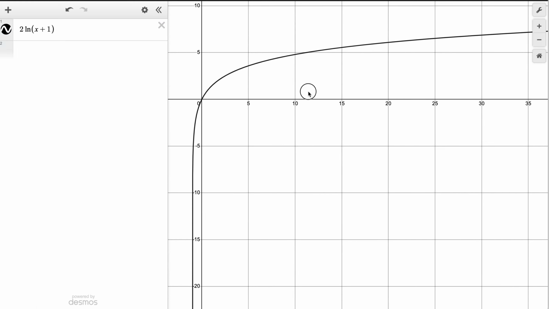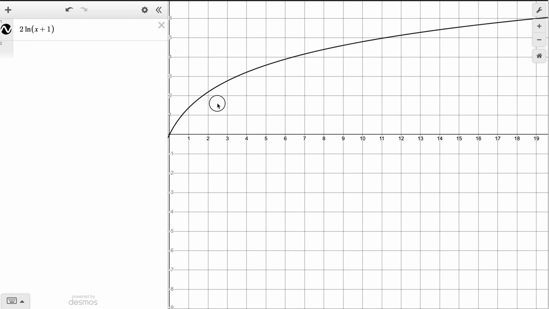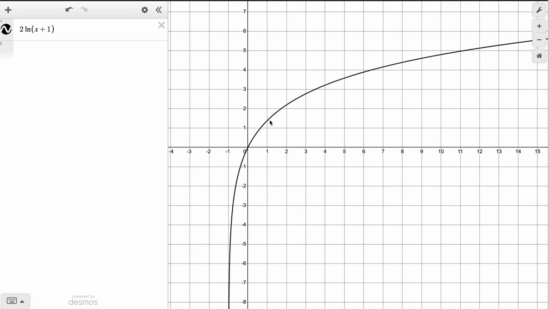So let's find those other x values that it was asking us for. And it was saying x equals 1. So x equals 1, we're right here, 1.386. And at 3, 2.773.